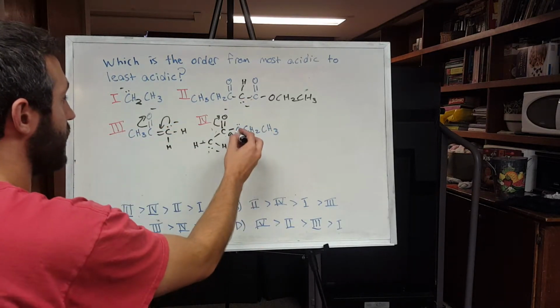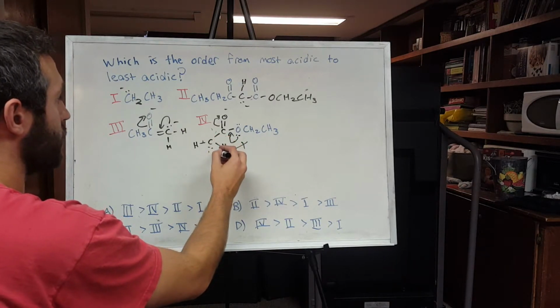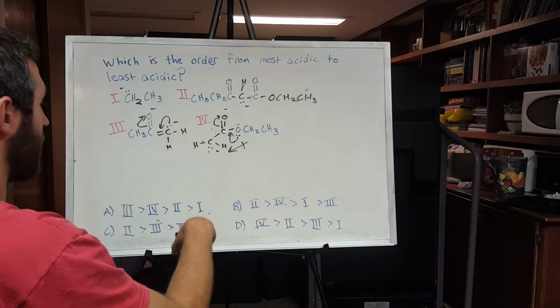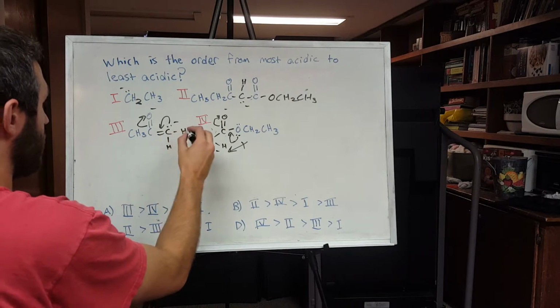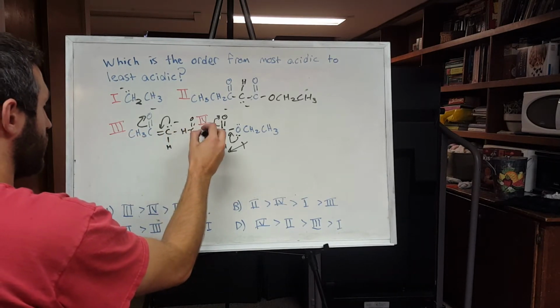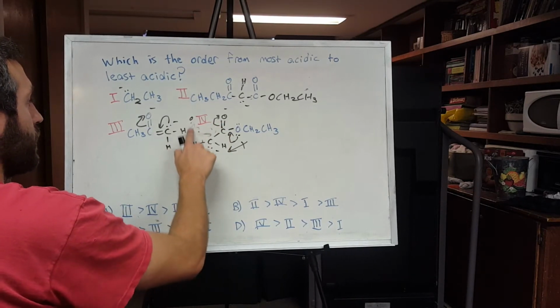If we added another carbonyl group after this carbon, we'd increase the acidity by a lot. Same with this one: if we added another ketone, if we had a diketone, this would be a lot more acidic. So that's key.